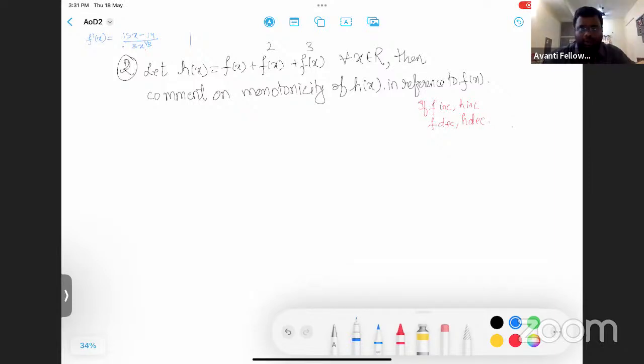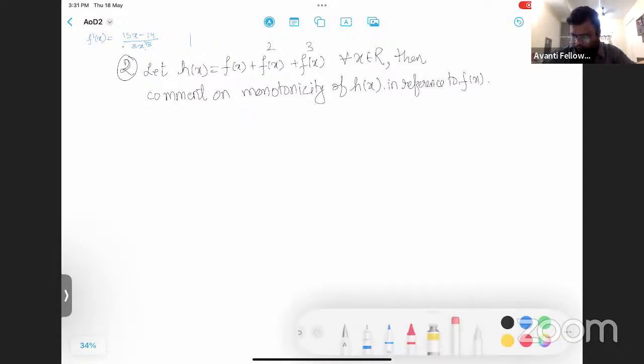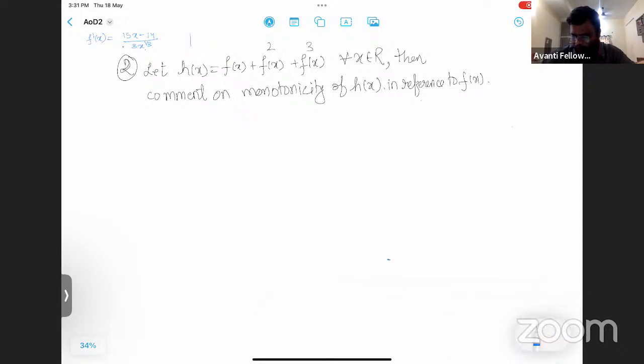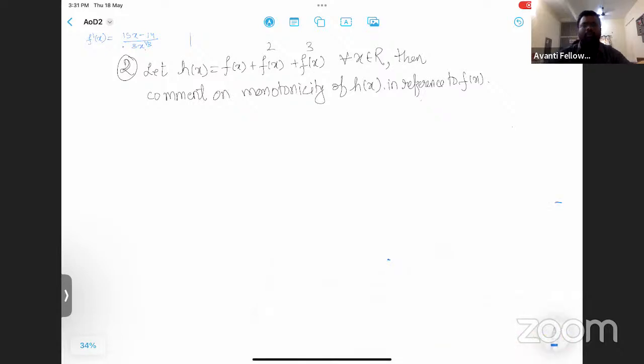Find the derivative h dash x. Anyone getting this?